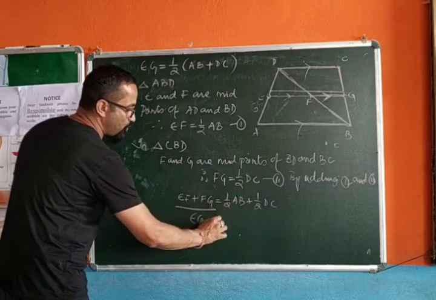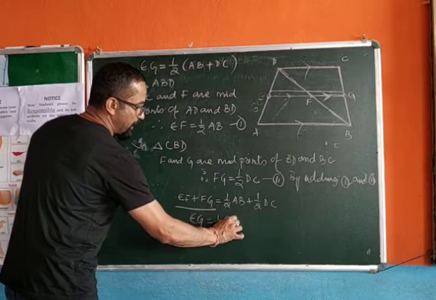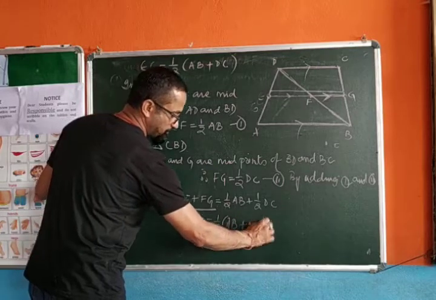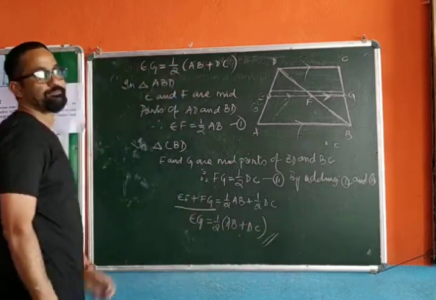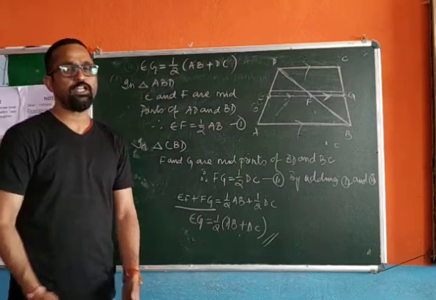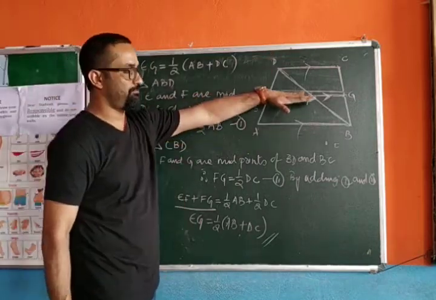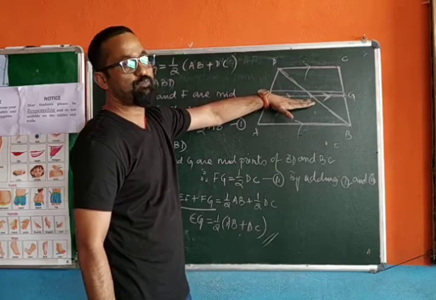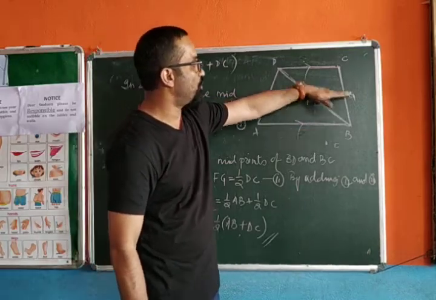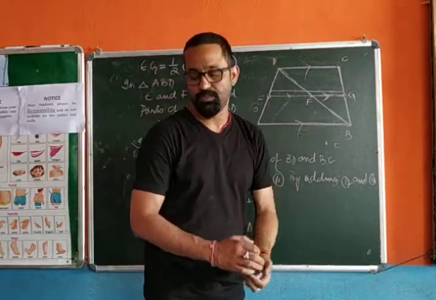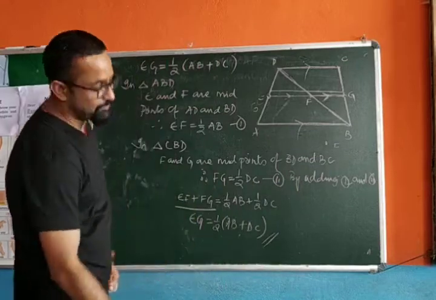We take half common, we get AB plus DC. Proved. It's not difficult using midpoint theorem. Midpoint, half of this, midpoint, half of this, add it up, take common, you'll get the answer.